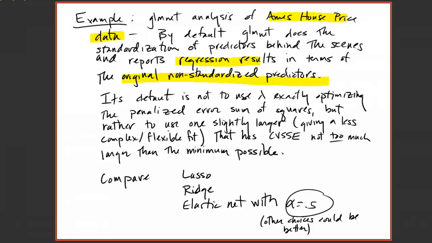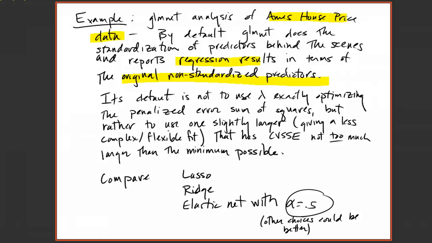Its default is to not use the lambda exactly optimizing the cross-validation error sum of squares, I've said penalized here, I don't mean penalized, but rather to give one that is slightly larger and therefore has a cross-validation error sum of squares that's bigger, but not too much larger than the minimum possible.